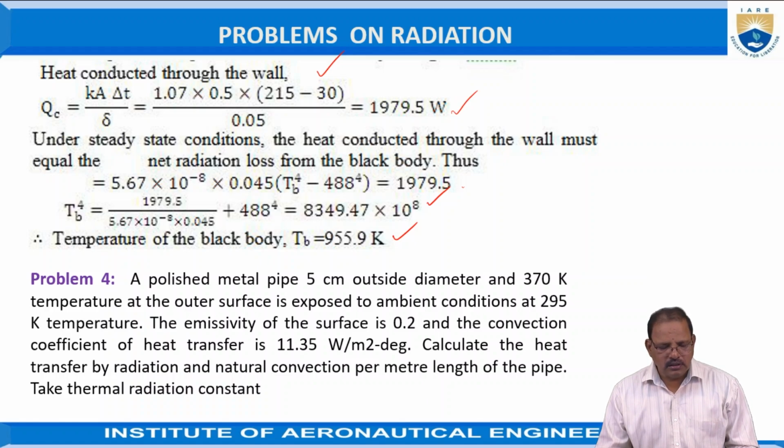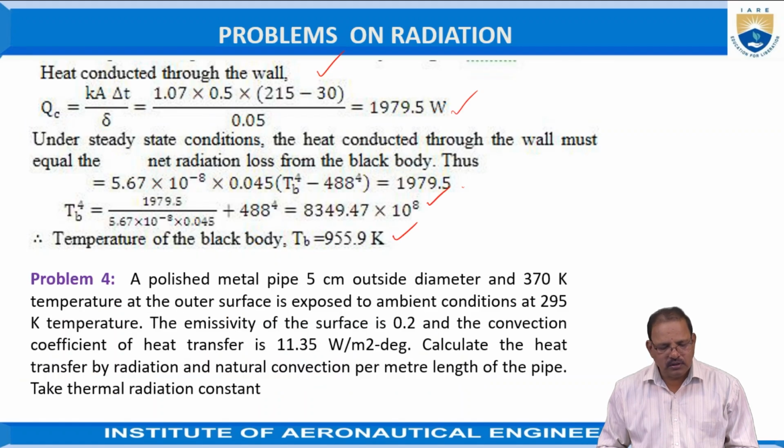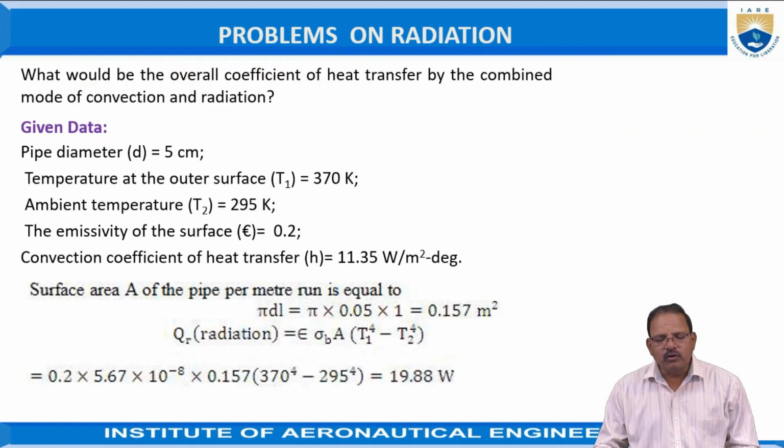Calculate the heat transfer by radiation and natural convection per meter length of the pipe. Take the thermal radiation constant. What will be the overall coefficient of heat transfer by the combined mode of convection and radiation?